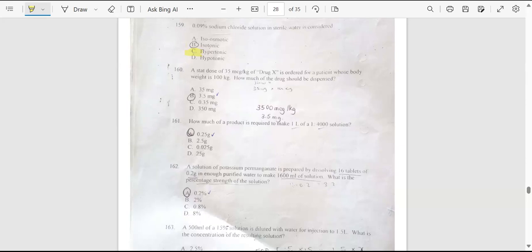Normal saline is what? 0.9%. Yeah, 0.9% is isotonic. But to what? To blood.